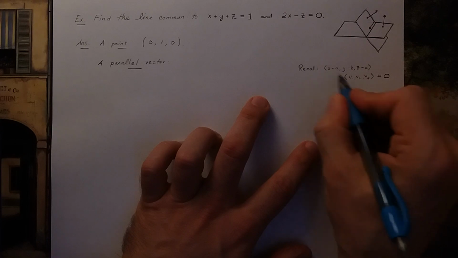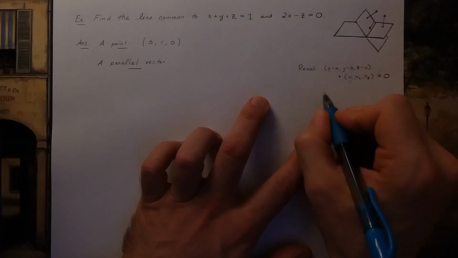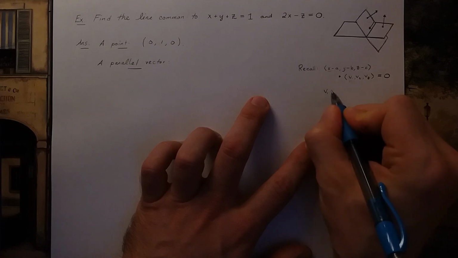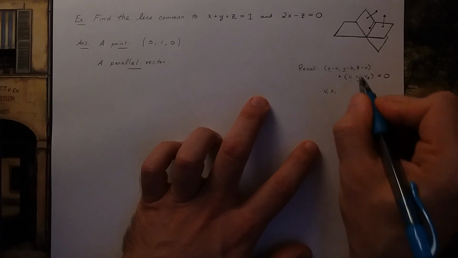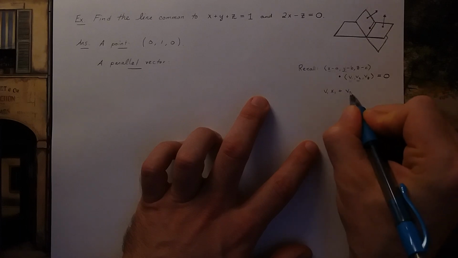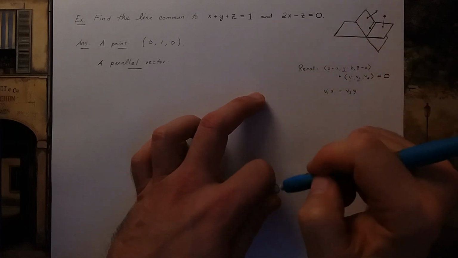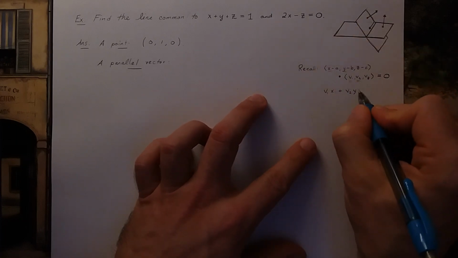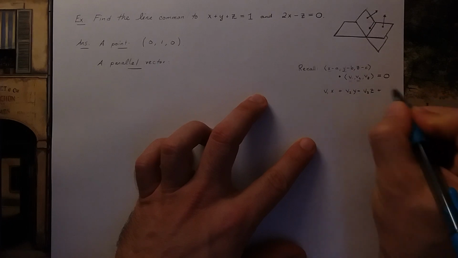If you actually calculate the dot product, you're going to do v1 times x. So you're going to get v1 x. You're going to get v1 times x plus v2 times y plus v3 times z plus some other constant.